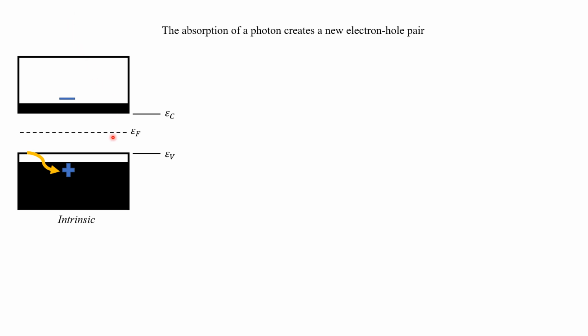I find it easier to use as an example an intrinsic semiconductor that was taken out of equilibrium by shining light into it.